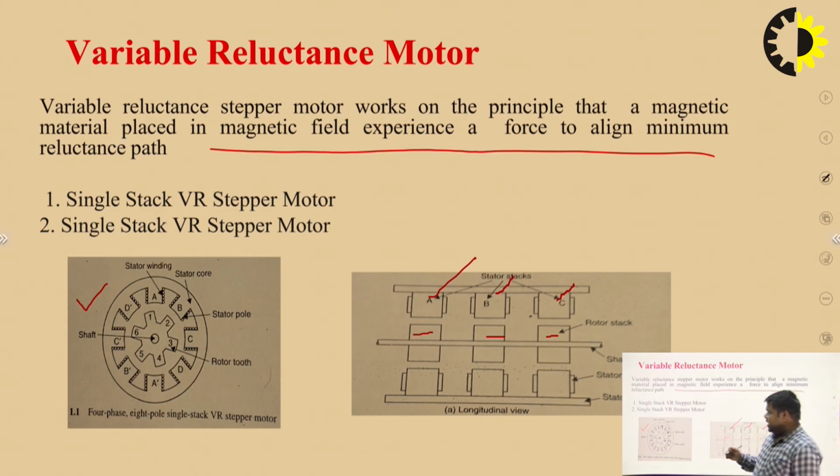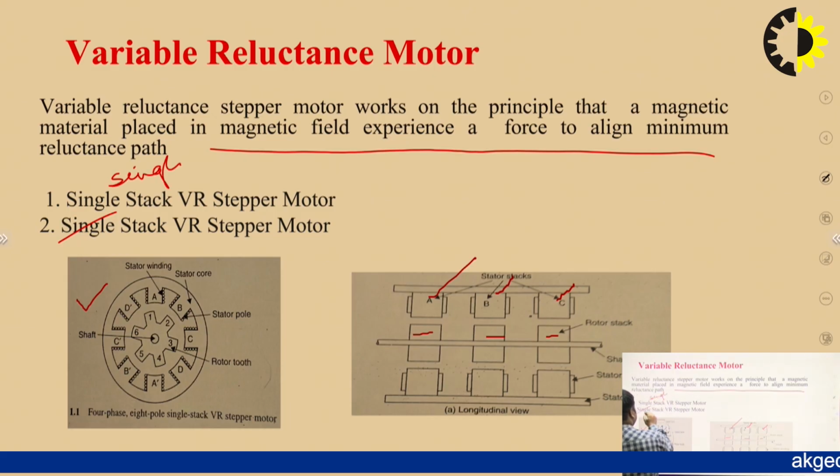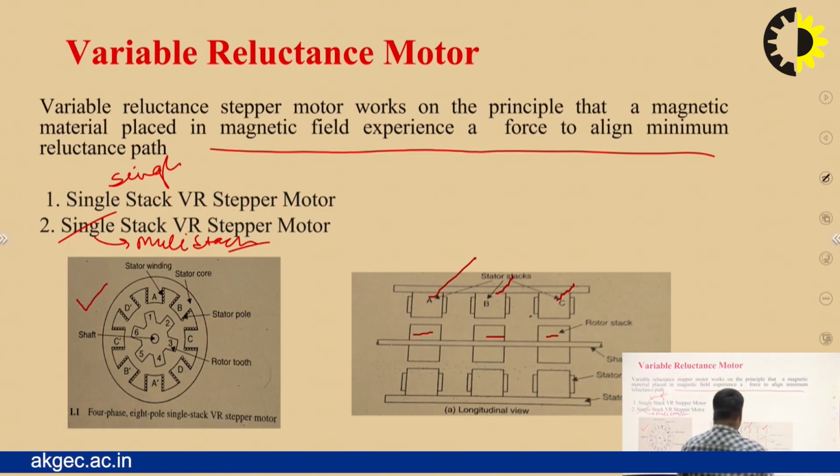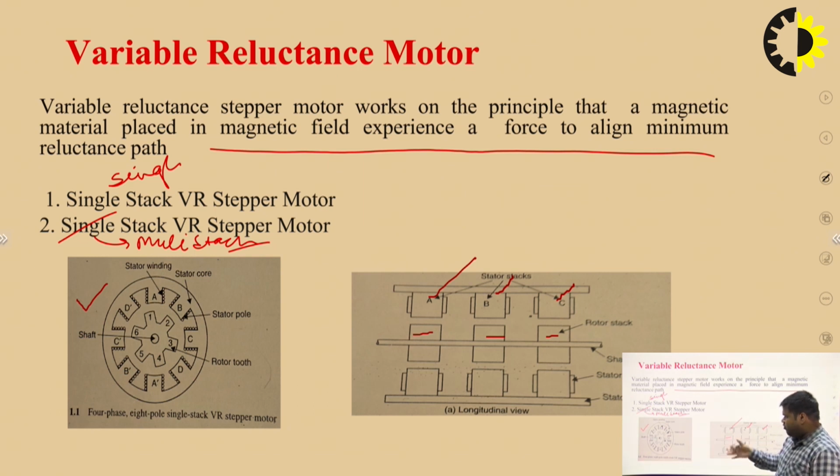So it has two types: single stack and multi stack variable reluctance type stepper motor. We will now see the basic structure of a stepper motor, that is, the 4-phase 8-pole single stack variable reluctance type stepper motor.